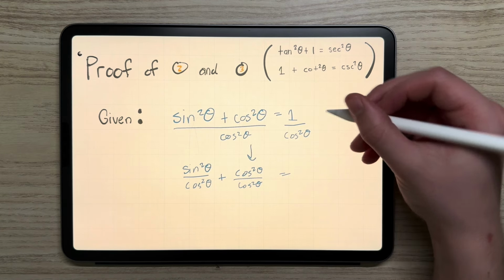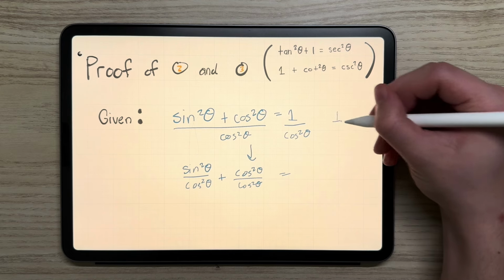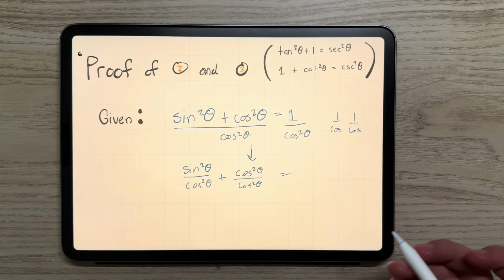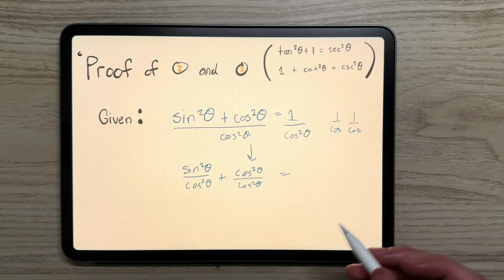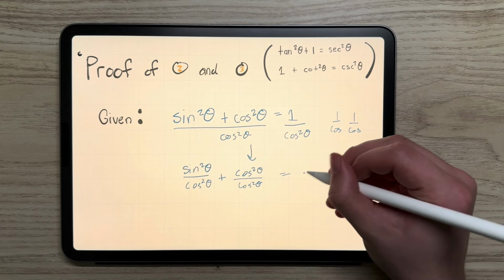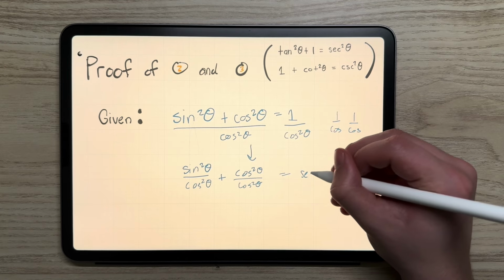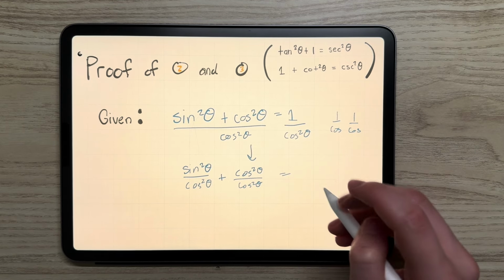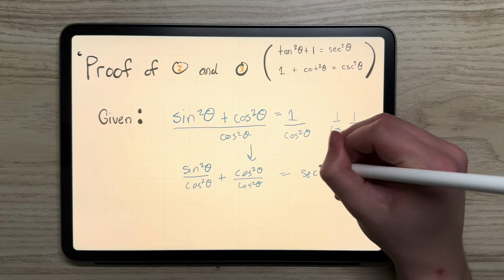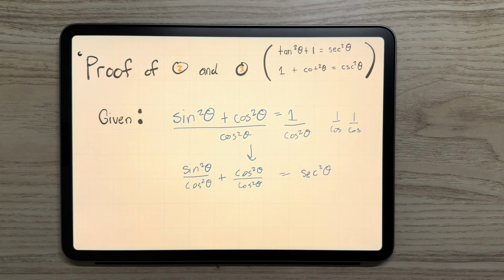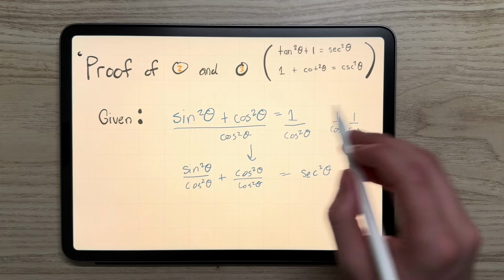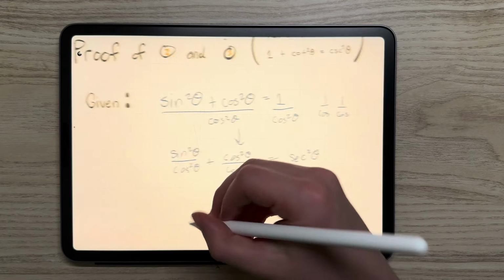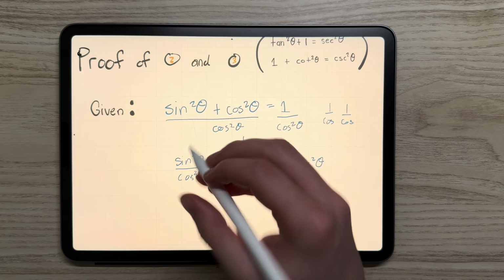1 over cosine squared theta is, of course, the same as 1 over cosine times 1 over cosine. And 1 over cosine is equal to secant. So that's secant times secant, or secant squared. And that is our first reciprocal identity. And this right here is going to be our first quotient identity.